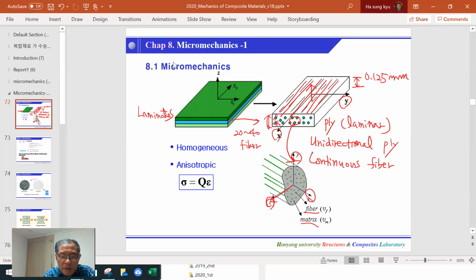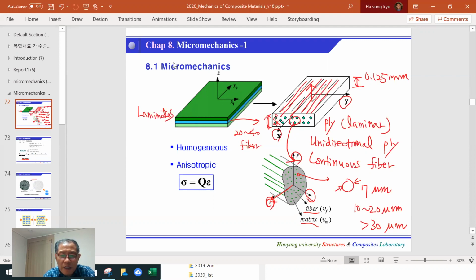And the diameter of this fiber is about 7 micrometers in the case of carbon, or 10 to 20 micrometers for glass, and sometimes even bigger than 30 micrometers, or sometimes a little less than 7 micrometers.